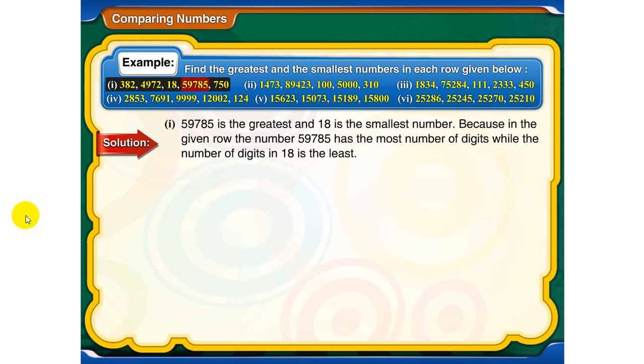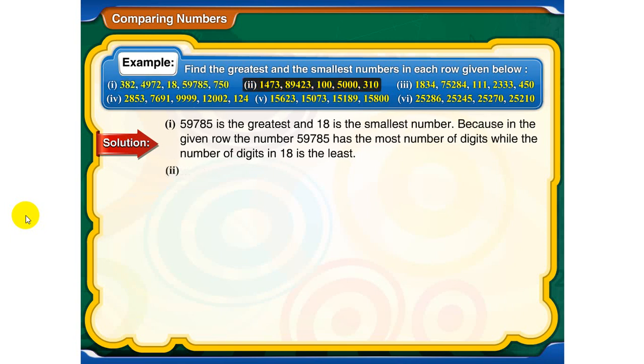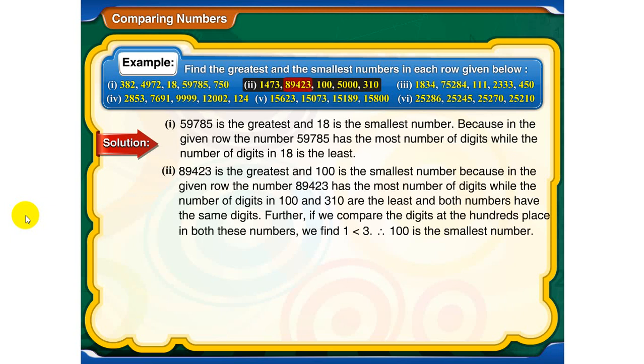59,785 is the greatest and 18 is the smallest number because in the given row, the number 59,785 has the most number of digits, while the number of digits in 18 is the least. 2. 89,423 is the greatest and 100 is the smallest number because in the given row, the number 89,423 has the most number of digits, while the number of digits in 100 and 310 are the least, and both numbers have the same digits.